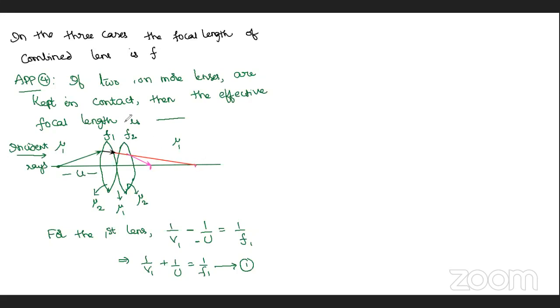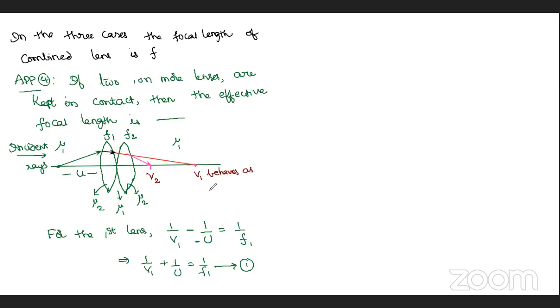Who is this pink color? Pink is the final image. Final image means image of whom? Object, sir. Image of second lens or first lens? That's what I'm asking. Image formed by second lens. Yes. So this is v2. And who is this? v1. v1, virtual object.